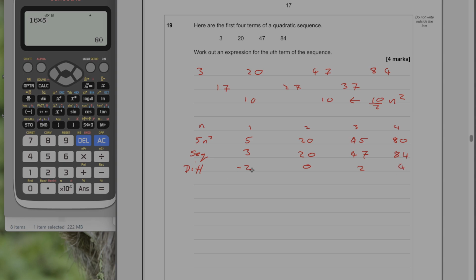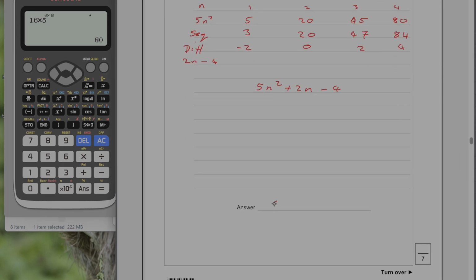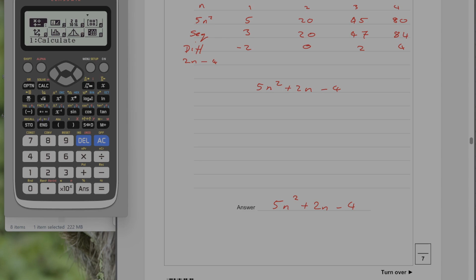So that means that sequence would be 2n minus 4. So my sequence is going to be 5n squared plus 2n minus 4. Right, let's just double check that by the table function.